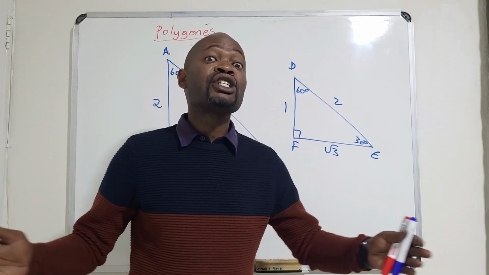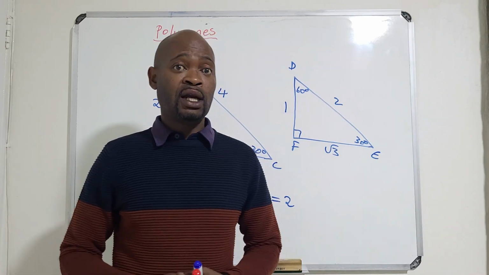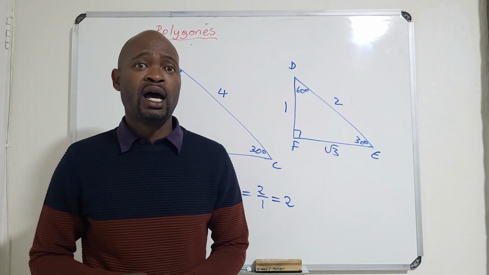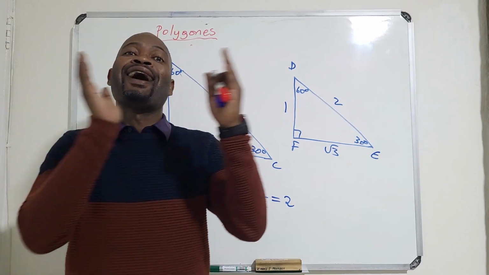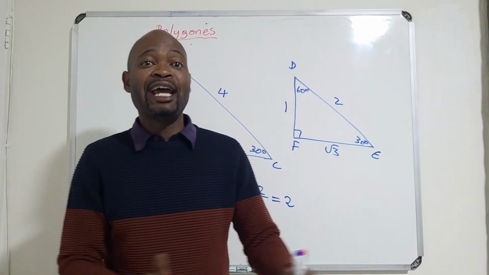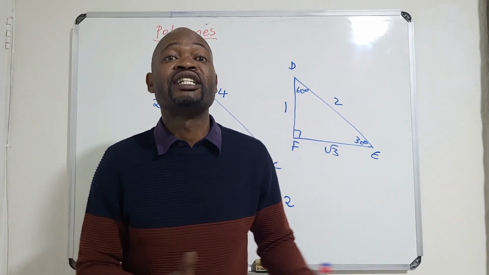Not all isosceles triangles are similar, but there are isosceles triangles which are similar as long as the corresponding angles are equal and the corresponding sides are in proportion, or have the same ratio.